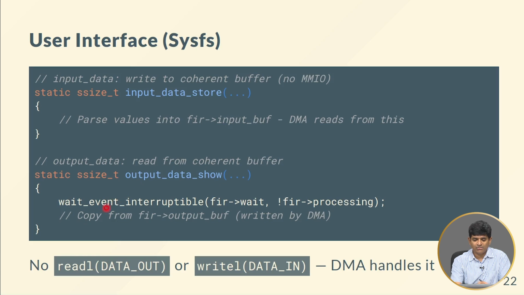And I could, for example, have a blocking data show function, which would wait on the FIR wait queue, and then copy from the FIR output buffer whatever has been written in by the DMA, and maybe display it or do anything else with the data. The important thing is I do not have to do readL or writeL. I do not do any of those steps inside these functions, because the actual movement of data has been handled already by the DMA.